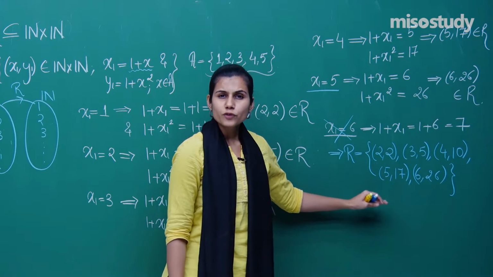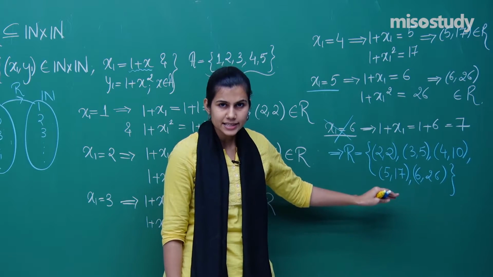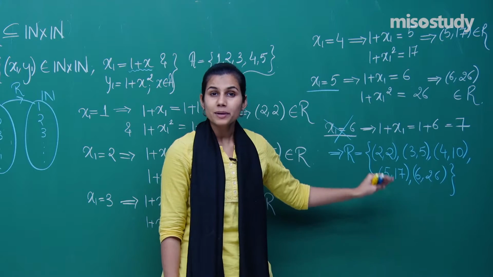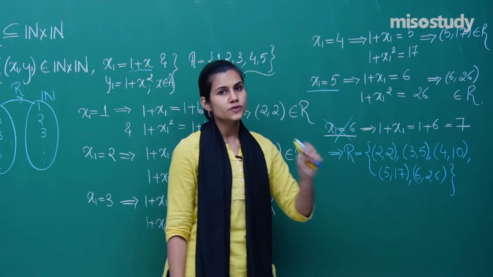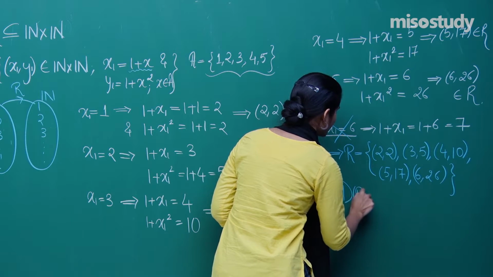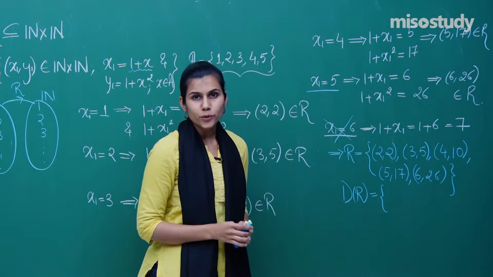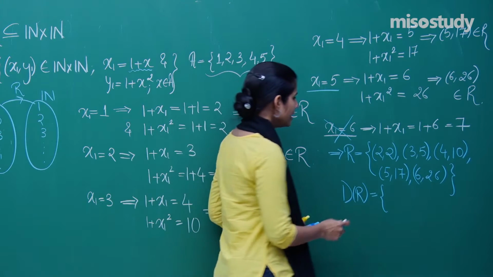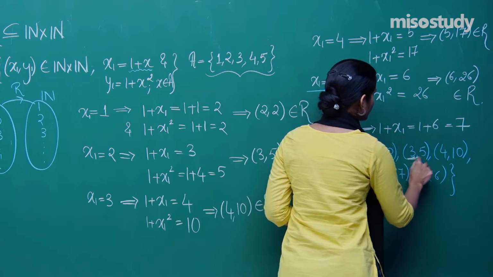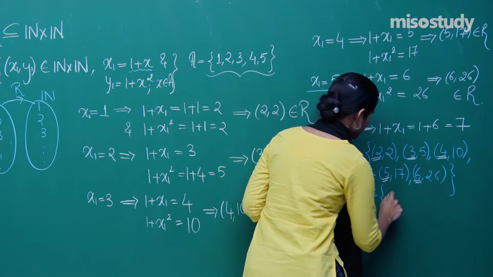This R is the set of those ordered pairs wherein the first component looks like 1 plus x and the second component looks like 1 plus x square, where x ranges from 1 to 5. Obviously, the domain of this R is the set of all the first components sitting in the ordered pairs, which is {2, 3, 4, 5, 6}.